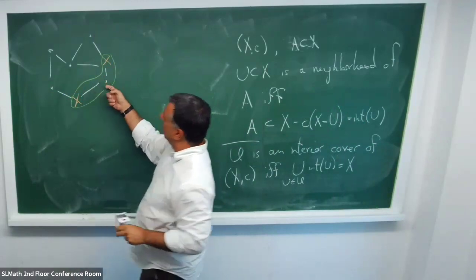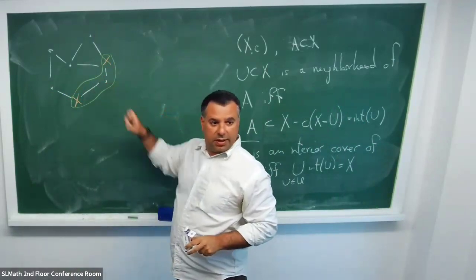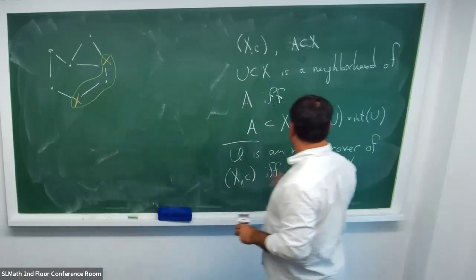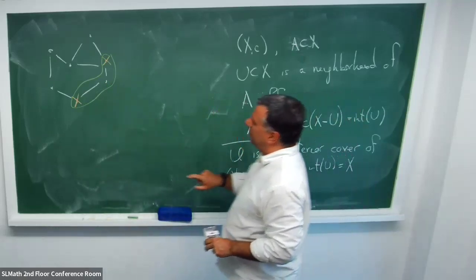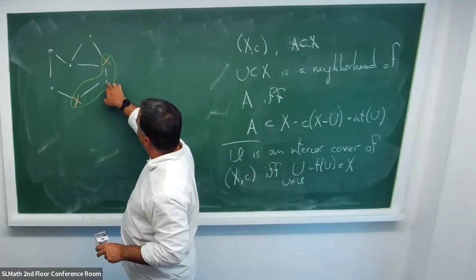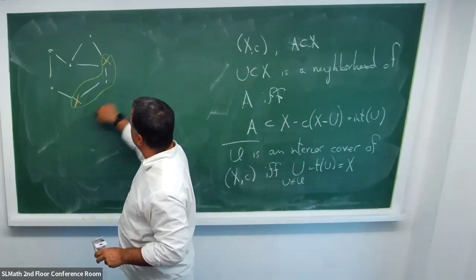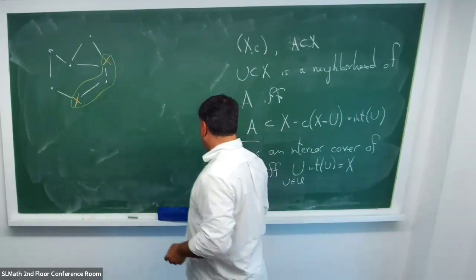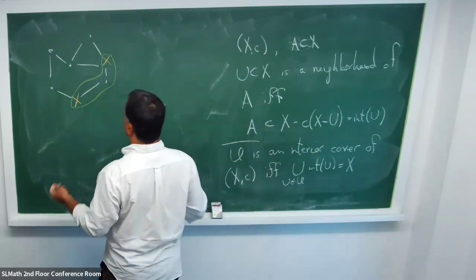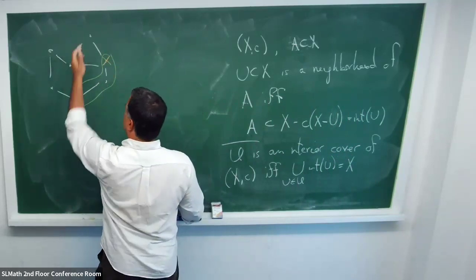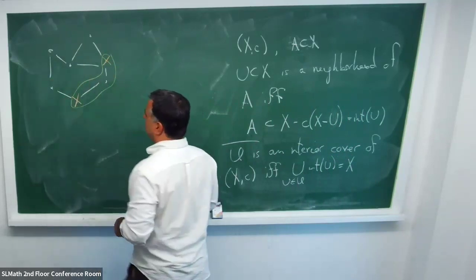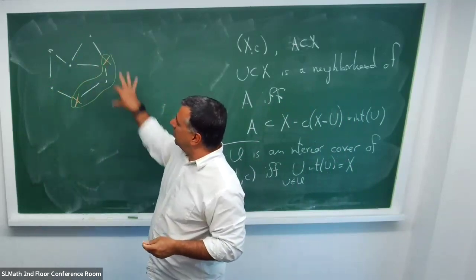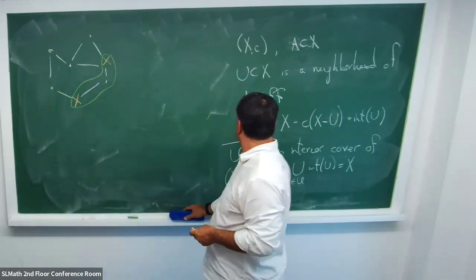Then the complement of the closure of the complement is exactly my original point. So this point is equal to the interior of its star. Now an interior cover of a graph, the minimal interior cover of a graph, is just the collection of all of its stars.